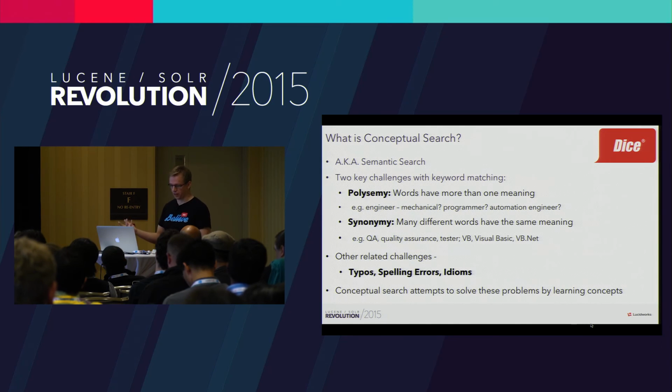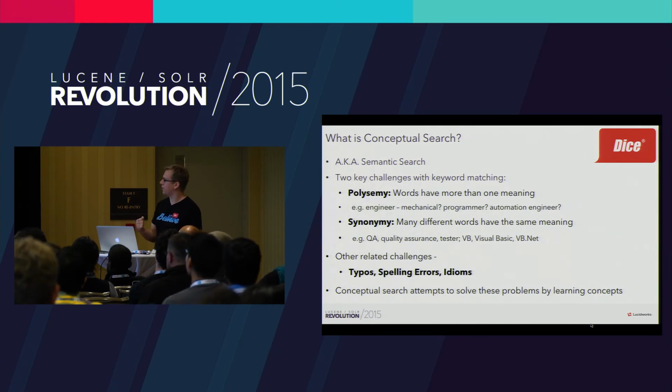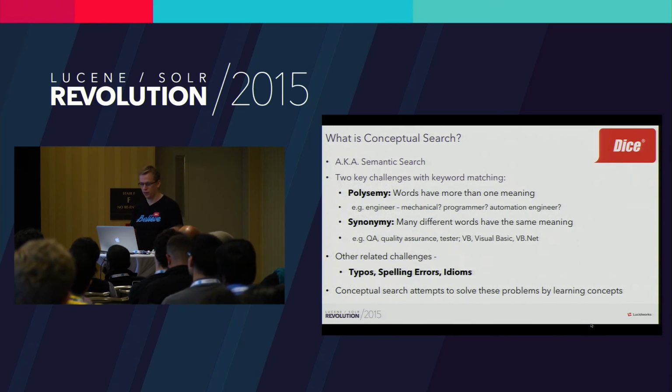The other problem is synonyms. All of you will probably be familiar with this. You have many different variants of the same word, or many different words that have the same meaning. For example, QA and quality assurance, tester, those all have the same meaning. Or VB, VB.NET, Visual Basic, they all have the same meaning.